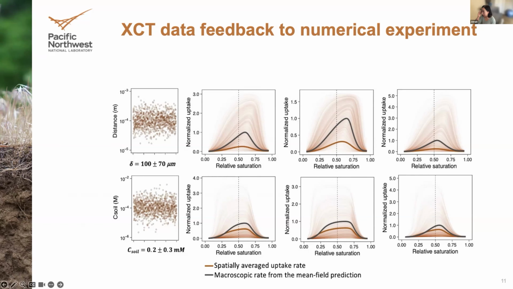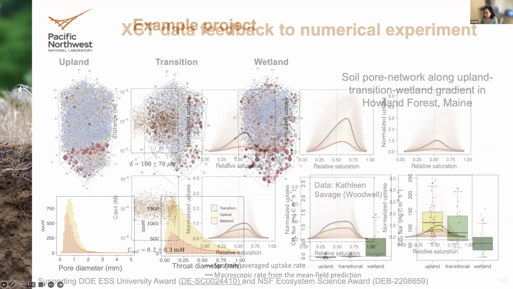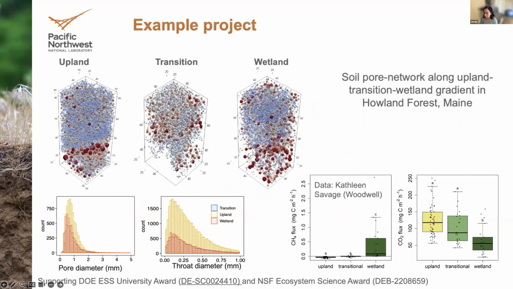Here, the different columns represent different soils, like a clay-rich soil and a sandy soil. That's one of the ways that I can use this pore network information for this kind of theoretical testing. I have some ongoing projects that are using similar information.